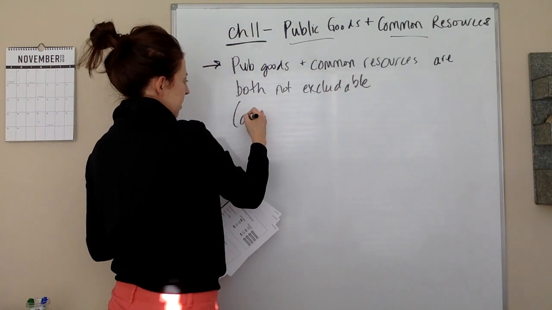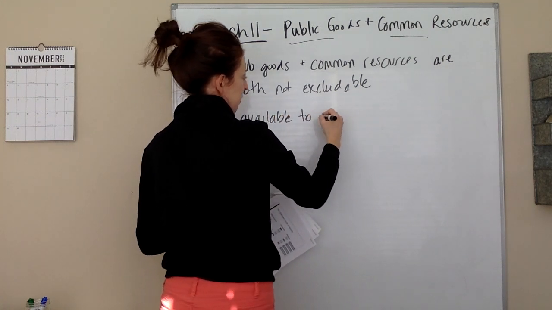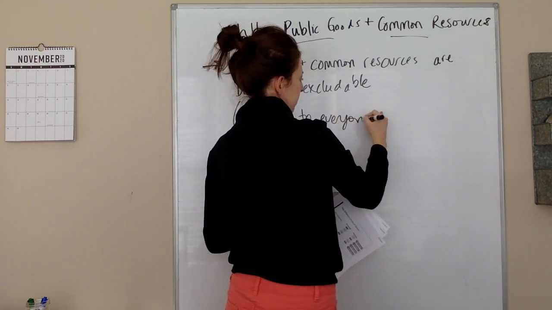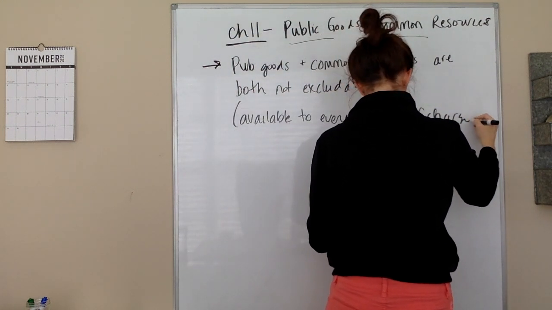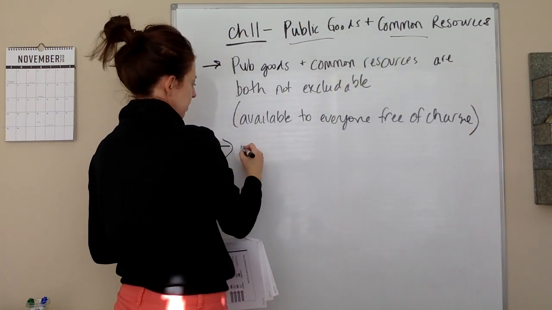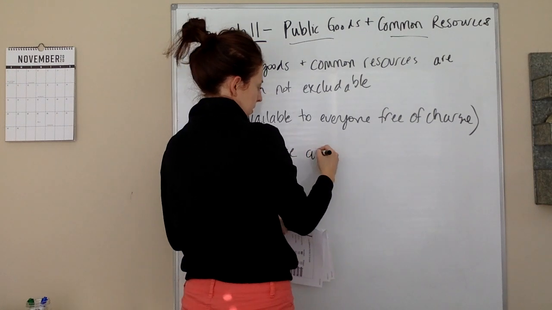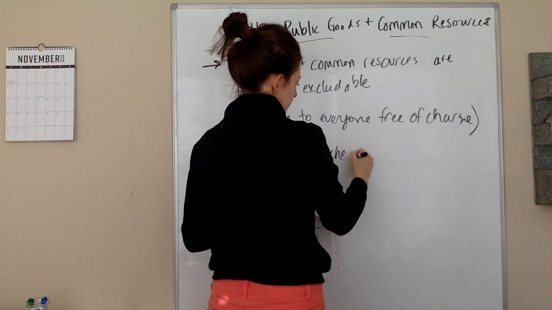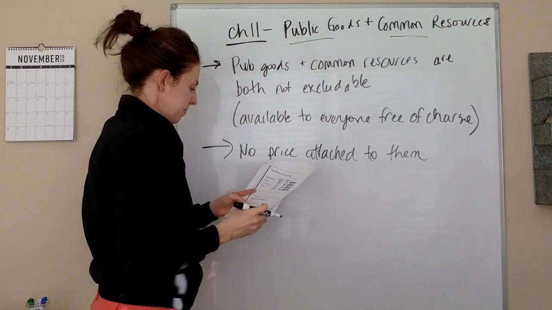What that means is that they are available to everyone free of charge. There's no price attached to them. And furthermore, it's impossible to try to attach a price to them.